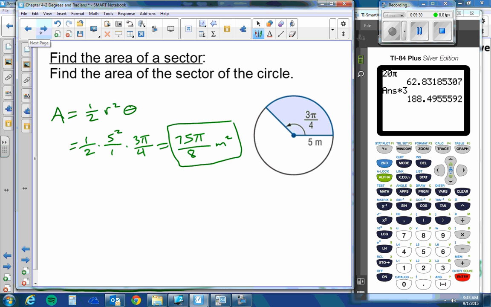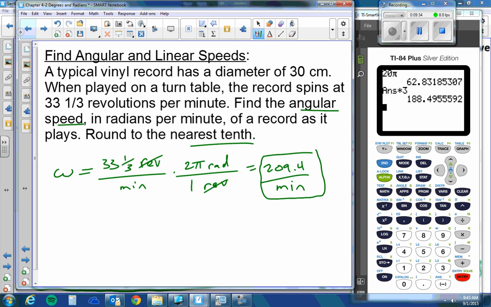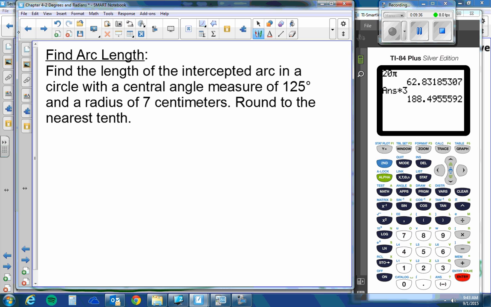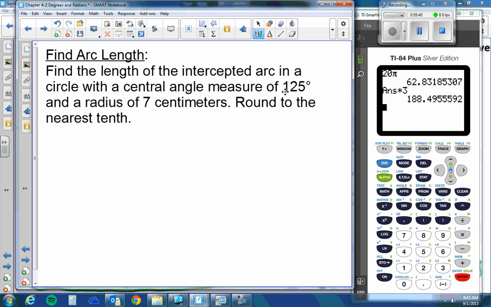Now, one thing I want to mention, and let me go back to here, the arc length problems, okay? Especially right here, 125 is kind of an unwieldy angle. For this, we use the formula. This is the formula for arc length. Of course, we had to convert this to radians first. My point is, though, you don't need the formula all the time. So if I change this from 125 to 120, that's really easy. 120 degrees is what part of a circle?